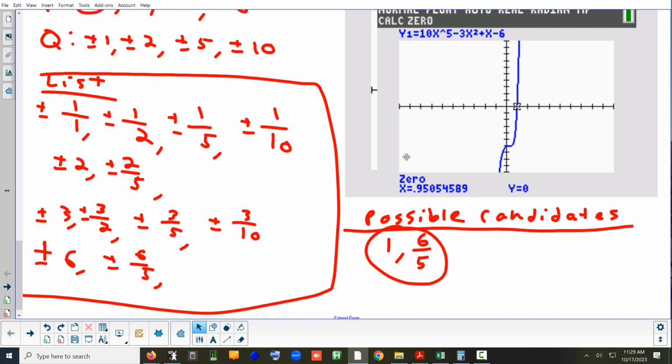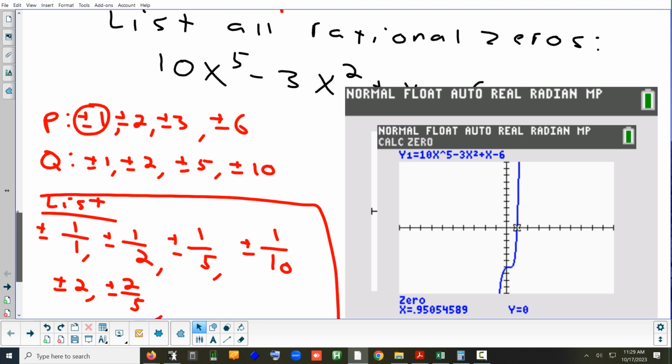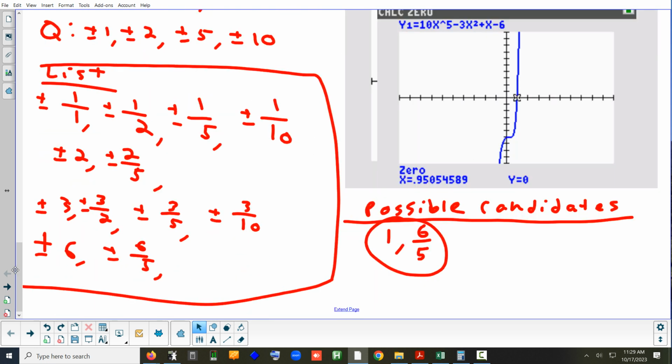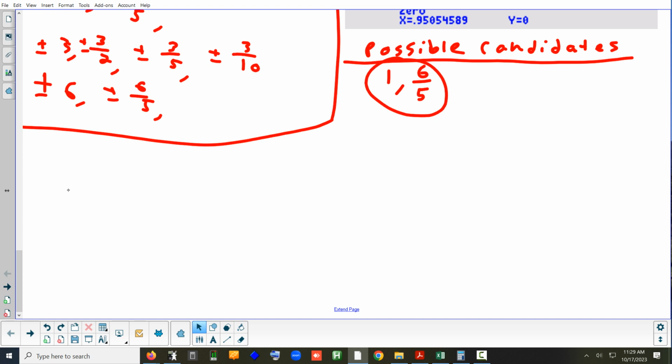Okay, so just to make sure I remember what we did, this is a list of possible rational zeros. Is 0.9505, which is the real answer, in that list? No. So what do you think it means about this number then? Irrational. It's irrational. Exactly. So in this problem, let's write that down.